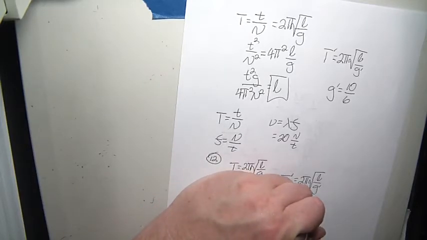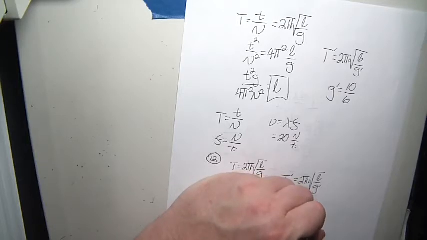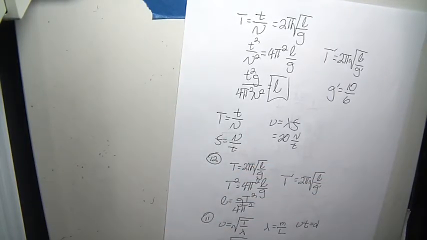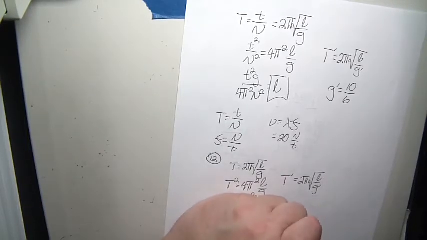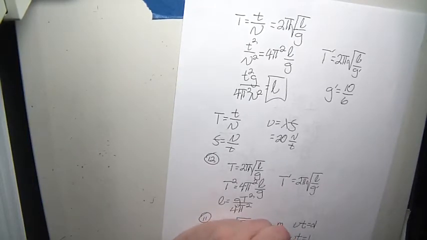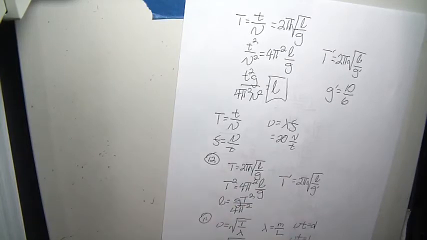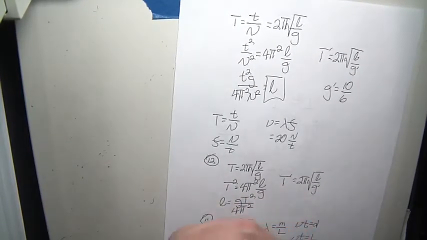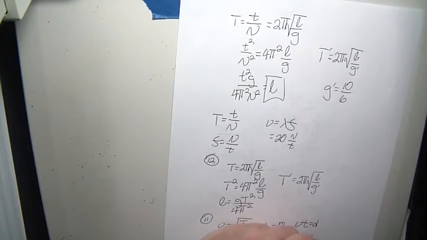Velocity times time is distance, or in our case, v times t is equal to big L. So we're going to solve for t: big L over v. That means we have big L over the square root of TL over m.